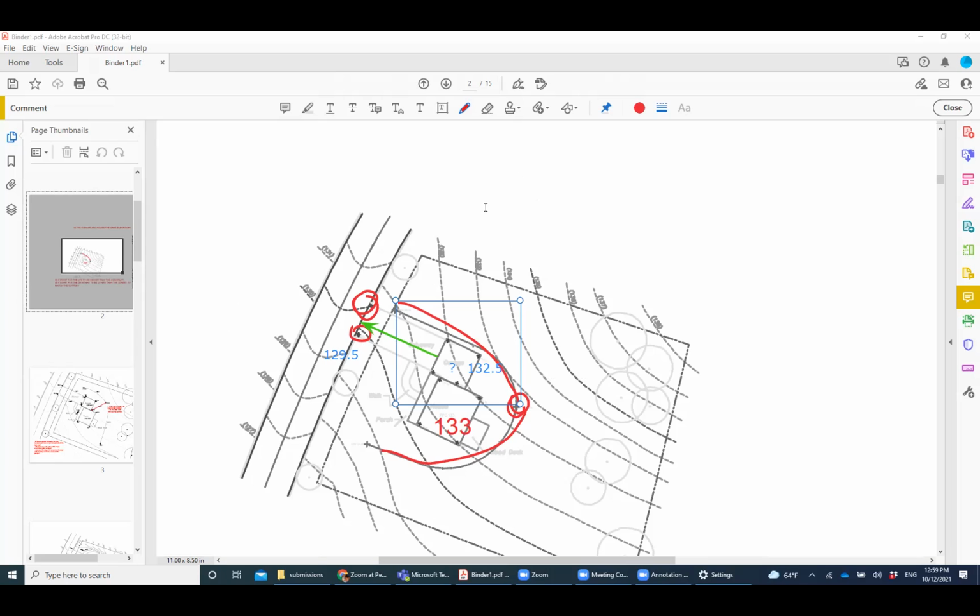Okay, let me do some quick calculation. 35 multiplied by 10% is 3.5. Well, I think you are actually pretty flat on your driveway there. So the driveway is okay.